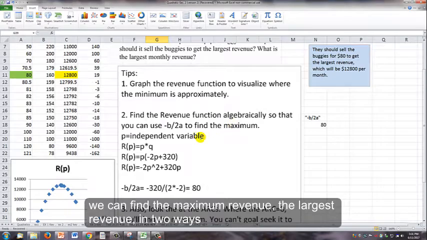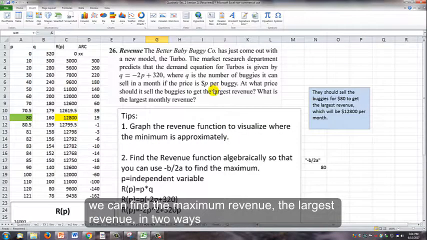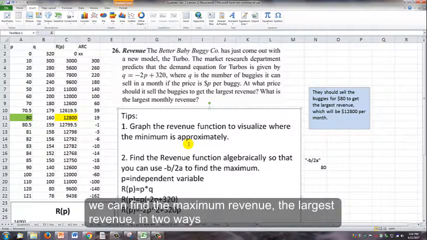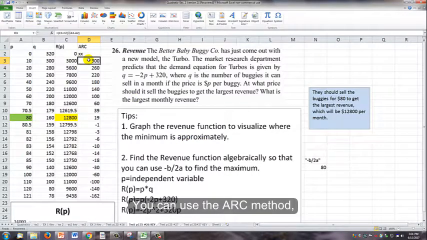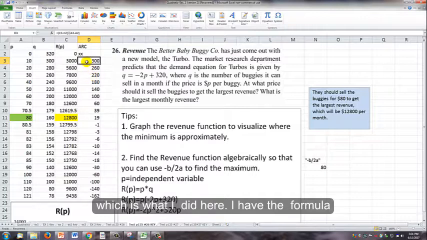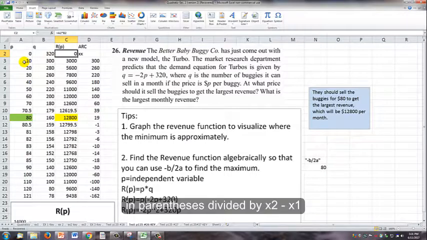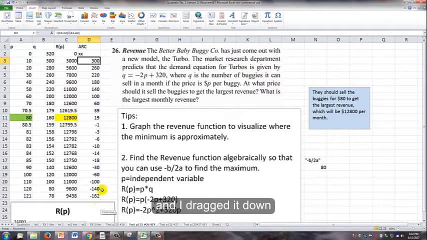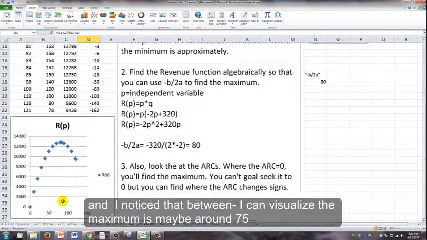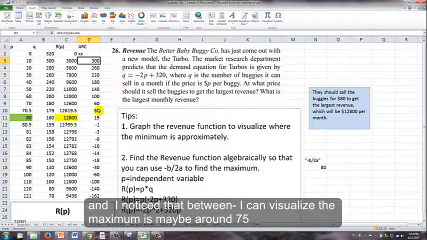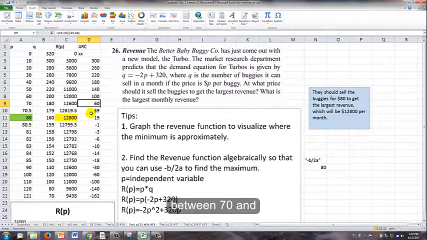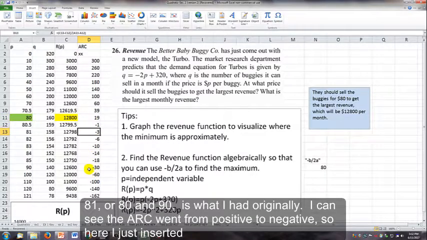Now we can find the maximum revenue, the largest revenue, in two ways. You can use the arc method, which is what I did here. I have the formula y2 minus y1 in parentheses divided by x2 minus x1, and I dragged it down, and I noticed that I can visualize the maximums maybe around 75, between 80 and 90 is what I had originally.